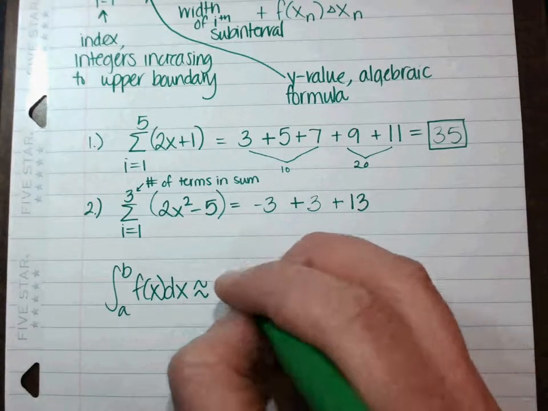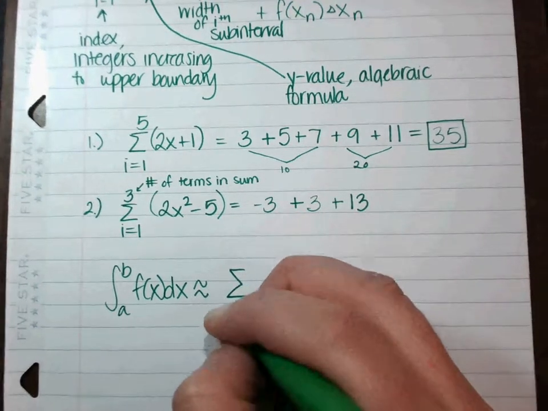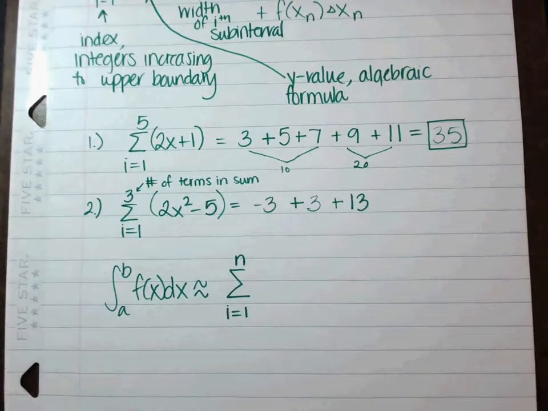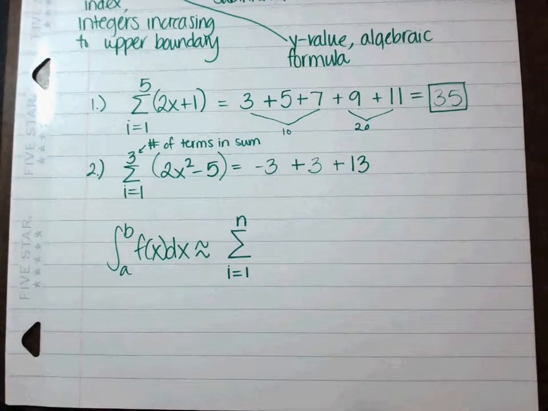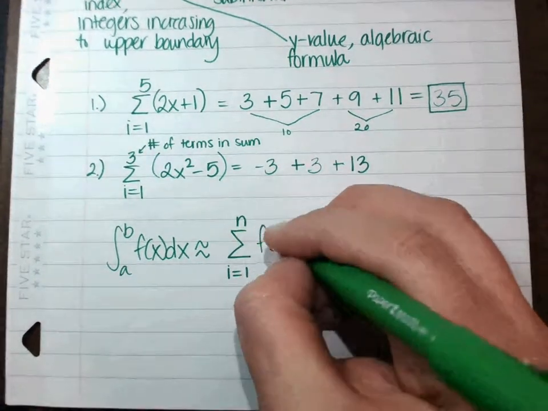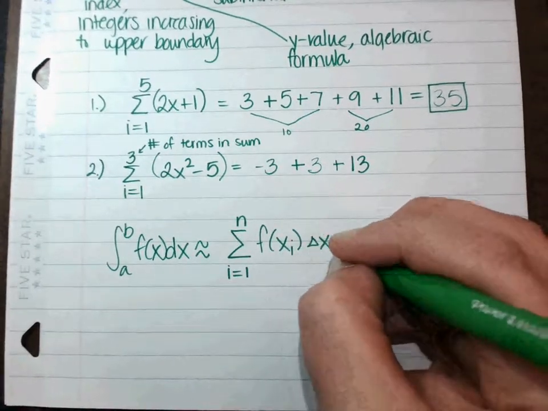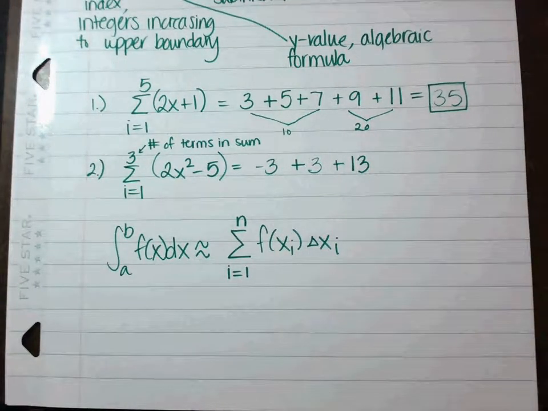a summation as i goes from 1 to n of f of x sub i delta x sub i. What you're going to have is a series of widths multiplied by y values. Now, we're going to identify a couple of things.